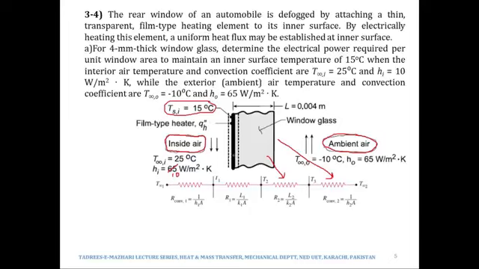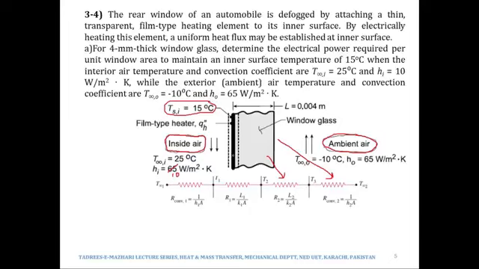Wherever there is a material, it would offer some resistance, large or small, that is another story. It depends upon the type of the material. If that material is highly conductive, it would result in less resistance, and vice versa.